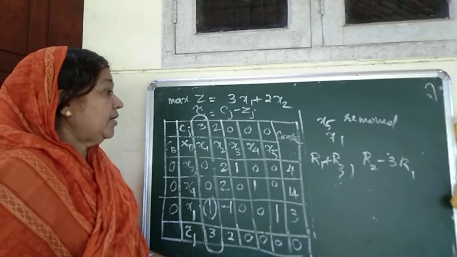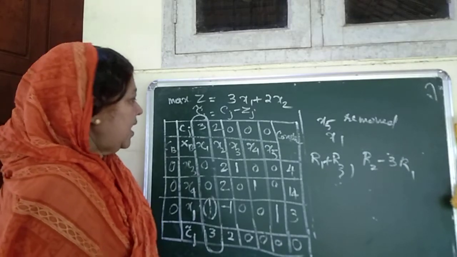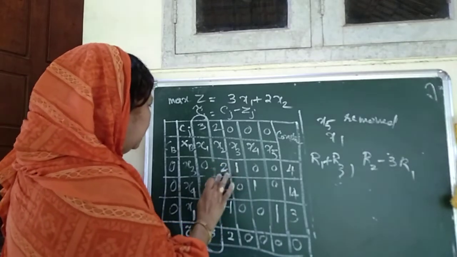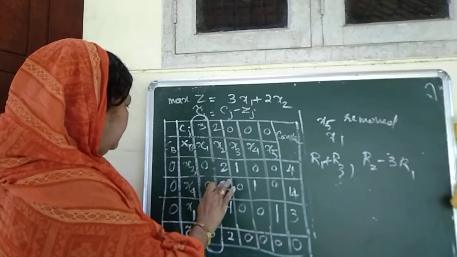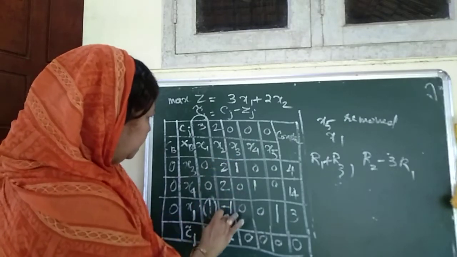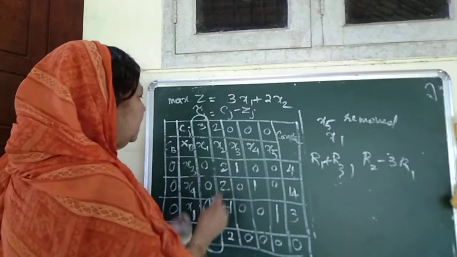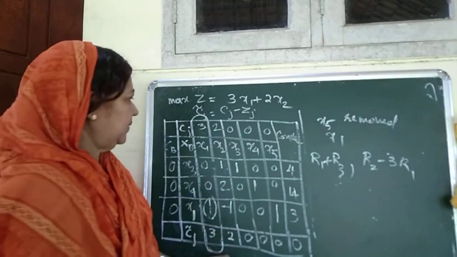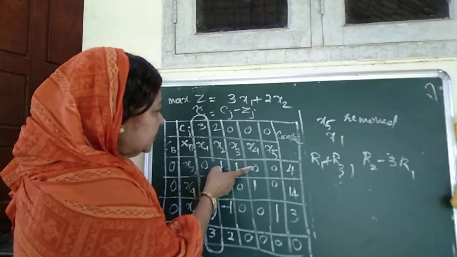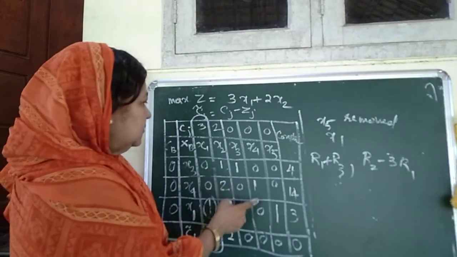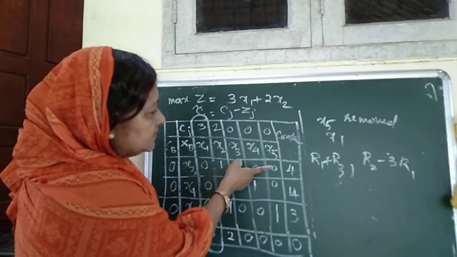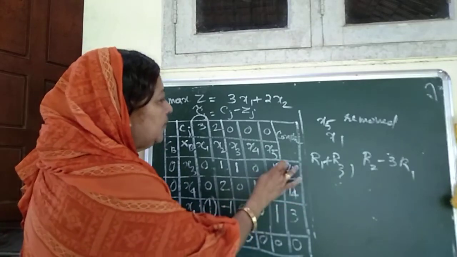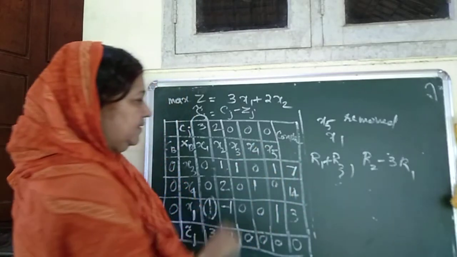Then R1 plus R3, this is x2: 2 plus minus 1 gives 1. Then here 0 plus 0 gives 0. There is no change for x5: 0 plus 1 gives 1. And also here 4 plus 3 gives the constant term 7.